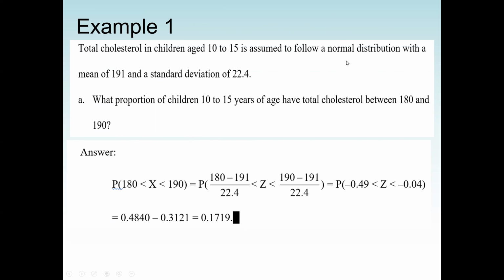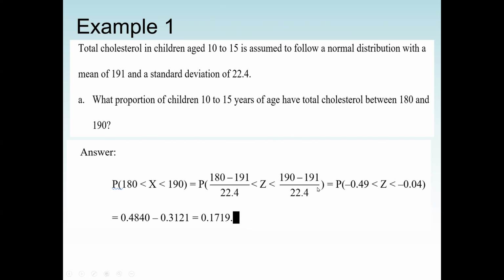So we have to convert it to a standard normal, which means we have to find a z value. But this time, we are looking for the value that will be between 180 and 190. So we have to use 180 to get our first Z value. Then we use 190 to get our second Z value.